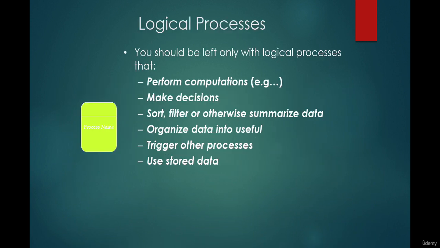In DFDs, a process symbol can be referred to as a black box, because the inputs, outputs, and general function of the process are known, but the underlying details and logic of the process remain hidden. By showing processes as black boxes, we as analysts can create DFDs that show how the system functions but avoid unnecessary detail and clutter.